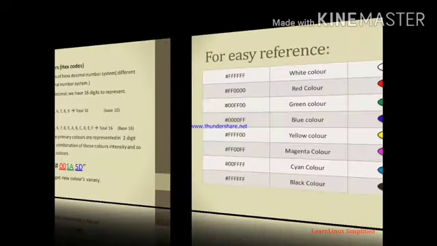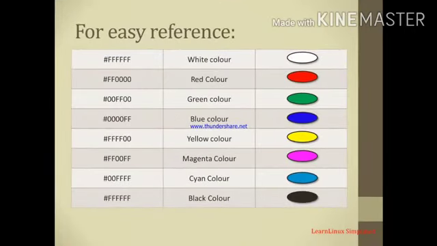Now for easy reference, I have given certain codings which are also given in your textbook. FFFFFF means a mixture of all the colors will give you white color. FF and all others 00 will give red color, and in the same way green and blue.